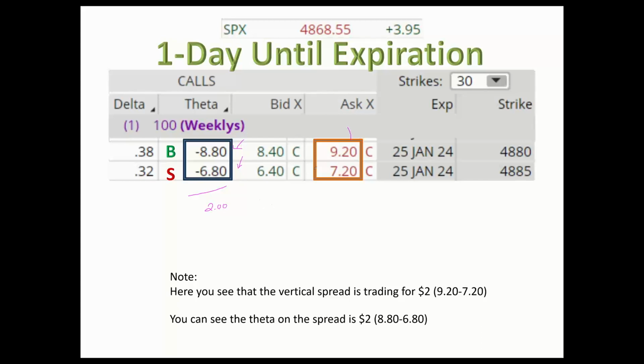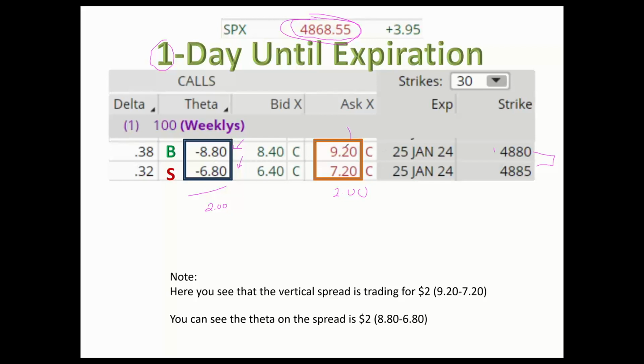So the theta on the spread is $2, which is coincidentally what the price of the spread is, which makes sense with 1 day until expiration because the spread is going to expire worthless if we close at 80 or higher. Or excuse me, 80 or lower, and if the market is closed unchanged at 48.68.55, this 80-85 call spread is going out worthless. You expect to lose the full $2, which is the $2 of theta.